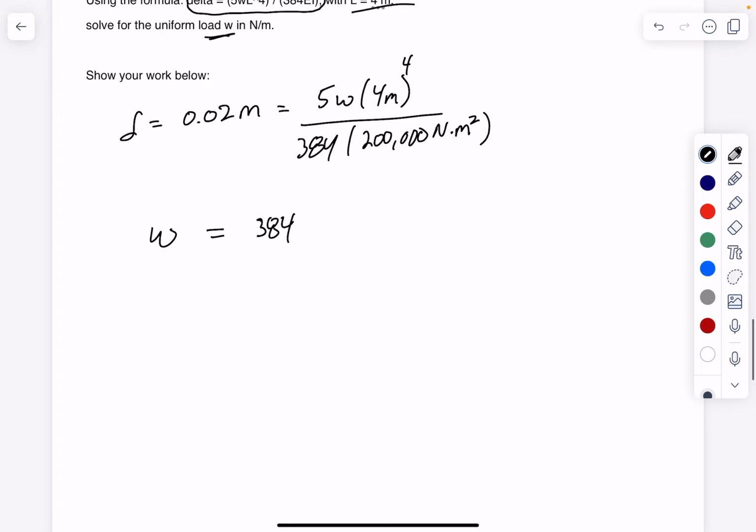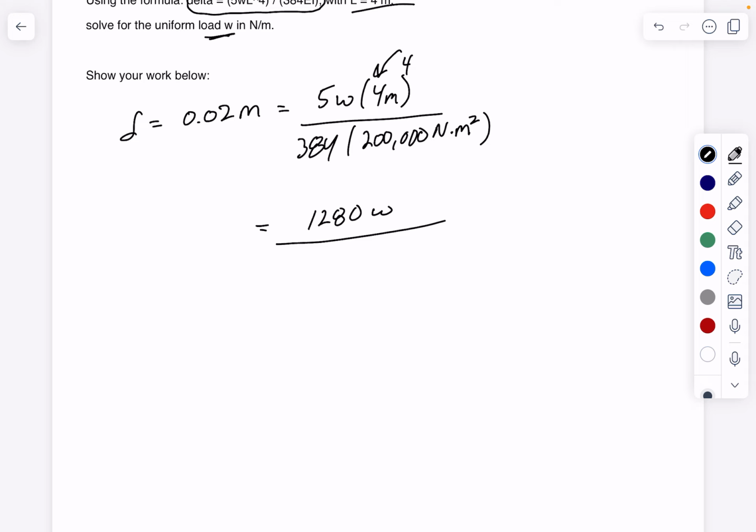Okay, so let's go ahead and do the numbers first. So we're going to be left with 1,280 W. That's just multiplying, bringing the 4 down and multiplying by 5. And that's over 76 million.